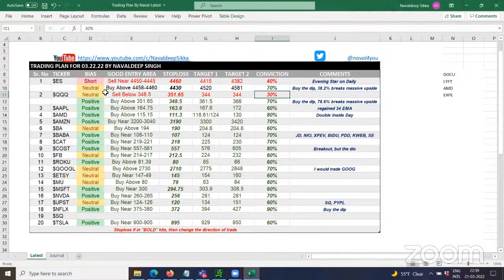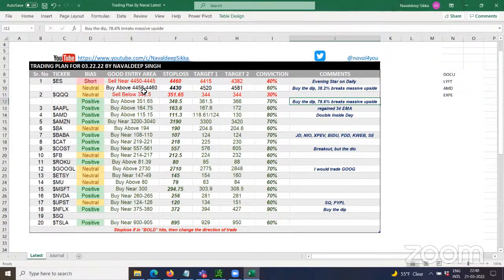On the upside, I'm still neutral. I want to buy above 44.58, 44.60. Stop loss is right here. I do not want to jump and go long at this stage. Targets are 45.20 and 45.81. Now, as I said in the session last night, the dip went towards 4430 and gave an opportunity to come back to 4473.